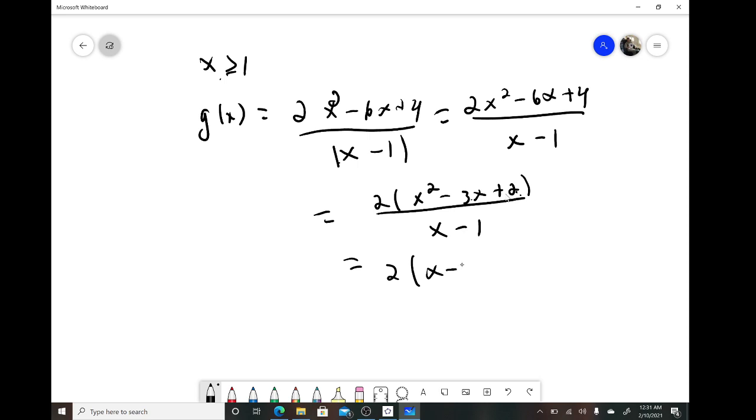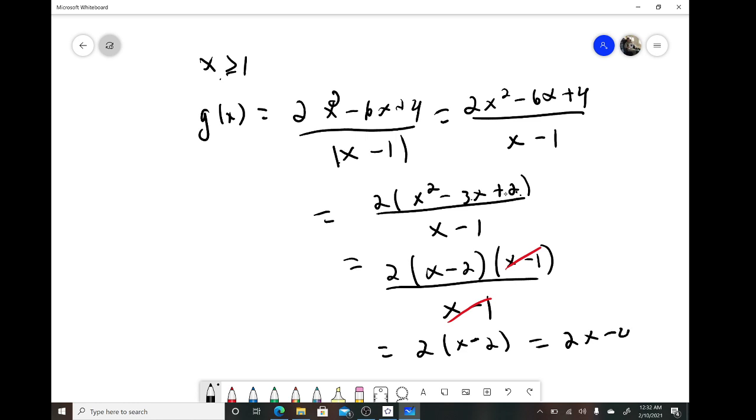So you could do x minus 2 times x minus 1, and then x minus 1 here. As you can see, there will be some cancellation. So long as x minus 1 is not equal to 0, we can cancel.